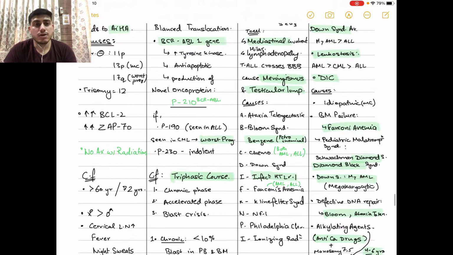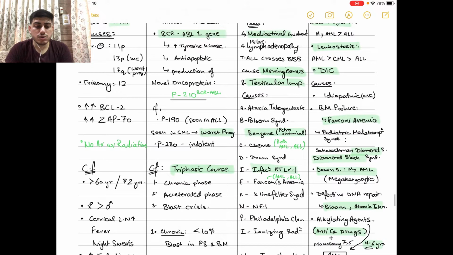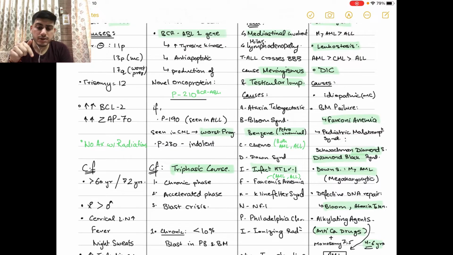And along with that, not only does it increase the growth, it stops the apoptosis of those cells, because it's anti-apoptotic. Also, the important point to remember is it's responsible for production of a novel oncoprotein. When we say oncoprotein, this protein is obviously onco, like cancerous.